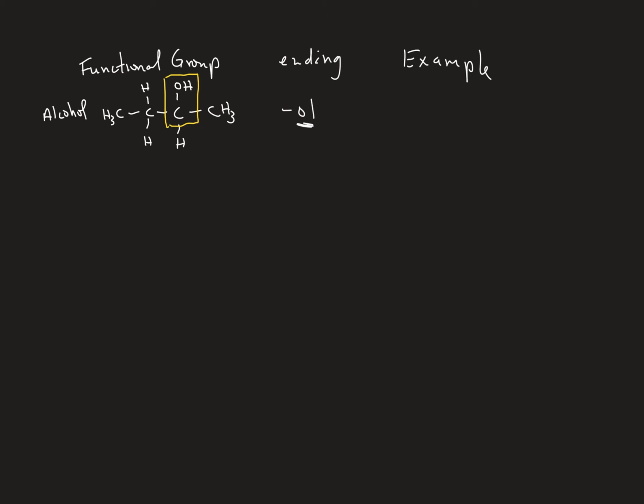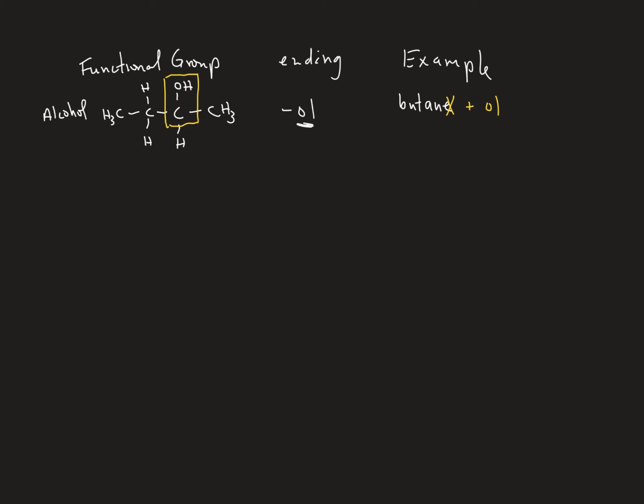So there's our alcohol. If this was a regular alkane, we would name this butane. All we're going to do is we're going to drop the E and we're going to add OL to indicate I have an alcohol present. And then more specifically, we're going to indicate on what carbon that alcohol is.